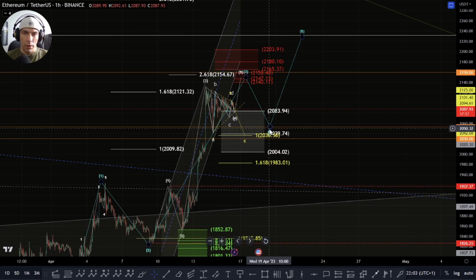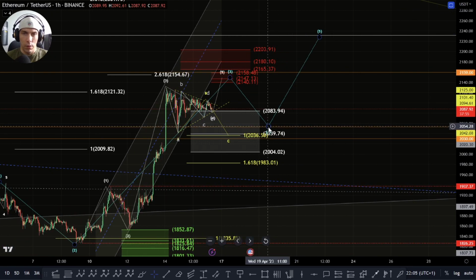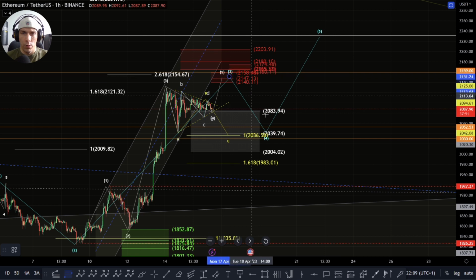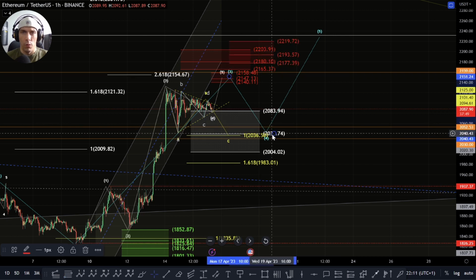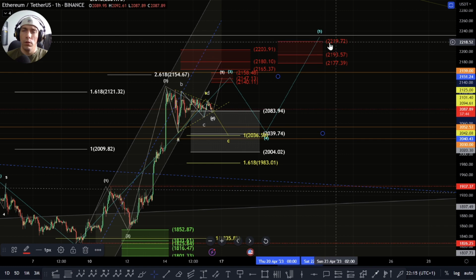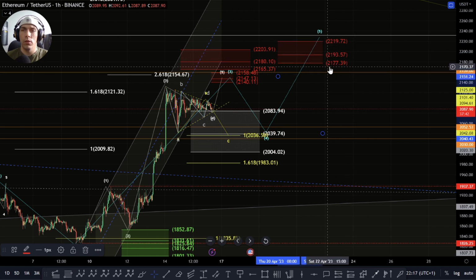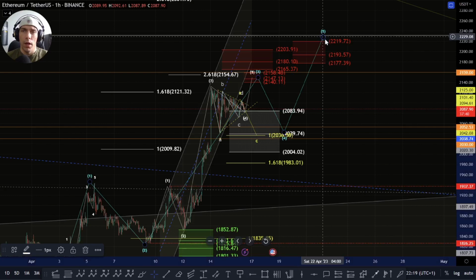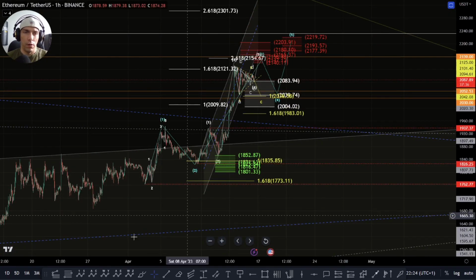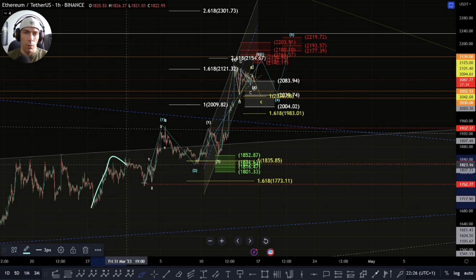So if we did actually come back down, and I'm going to just go into this low here and say we come to this 382 here, potentially this could look then for a move up again towards this zone of 2219 to this 2177. And then basically what would happen here is we just start overlapping these previous 5 wave moves. 1, 2.